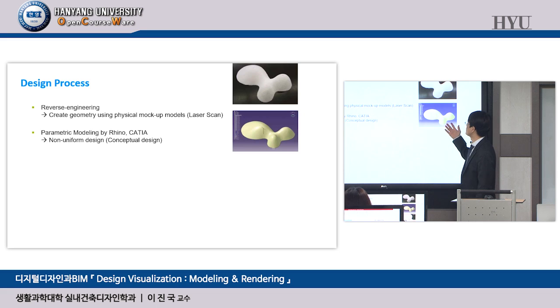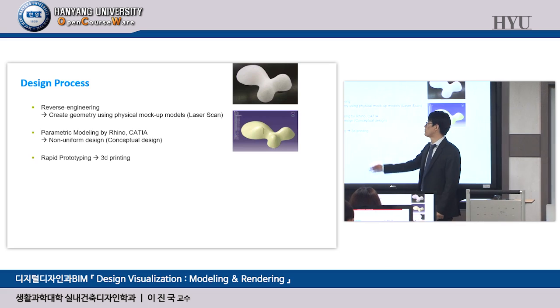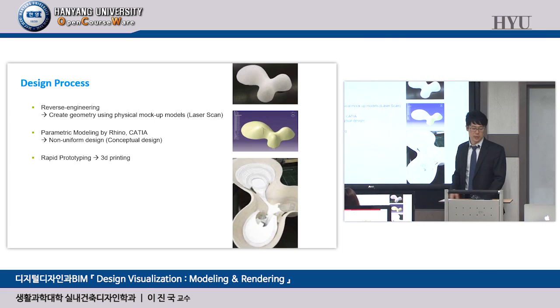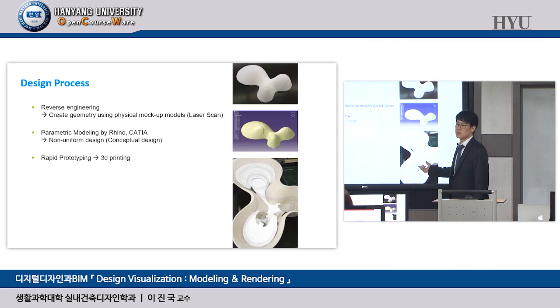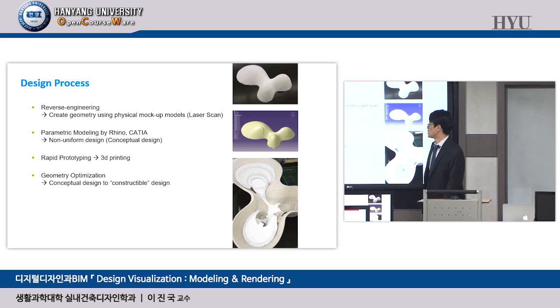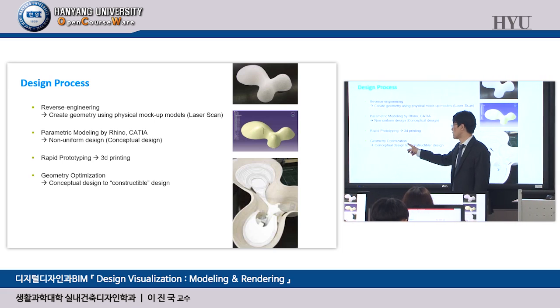Anyway, geometry acquired this way is used for rapid prototyping, 3D printing, and some mass studies, interior studies, and building structure studies like this. Of course, some geometry optimization process is required.